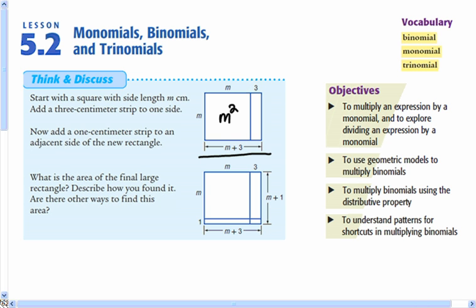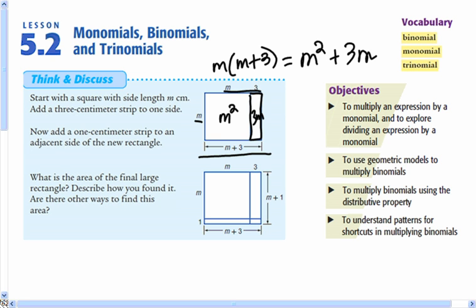We can represent it as the length times the width, which would just be m times the quantity m plus 3. We could also represent it by the areas inside added together, and the square inside there is m squared, and the rectangle here is 3 by m, so represent that as 3m. So another way we could represent that area is m squared plus 3m.